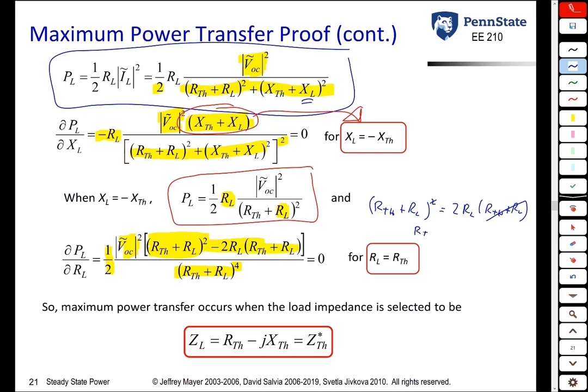We get R Thevenin plus RL is equal to 2 RL. You solve for RL, you get RL is equal to R Thevenin. So our two sub-results: from the first partial derivative, we set XL equal to minus X Thevenin. From the second partial derivative, we set RL equal to R Thevenin, and we get our final result that we set our load impedance equal to the conjugate of the Thevenin impedance. And that's the end of our proof.